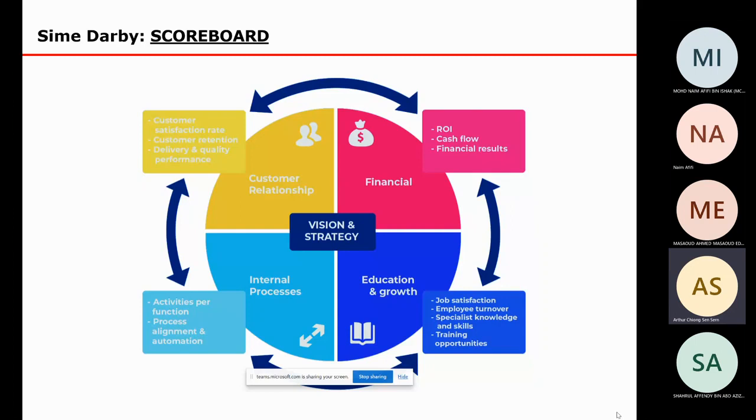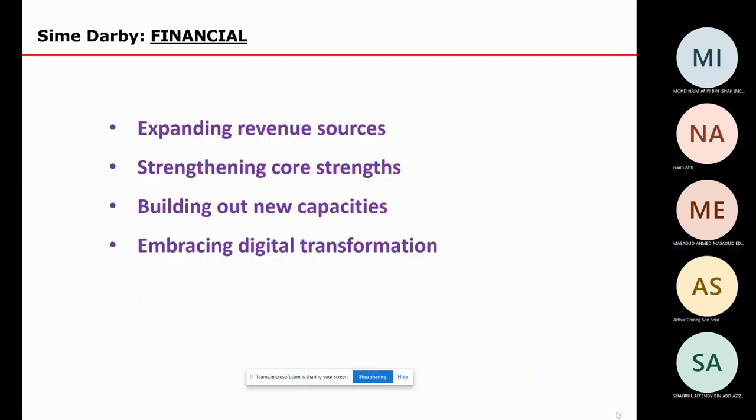For the financial part, it will include expanding revenue sources, strengthening core strengths, building out new capacities, and also embracing digital transformation. I need to say that the four factors are interrelated. Continuing with the financial part, there is a strategy called the Shift 25 strategy.